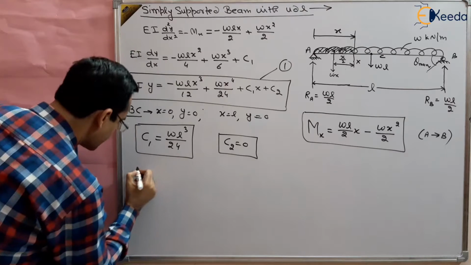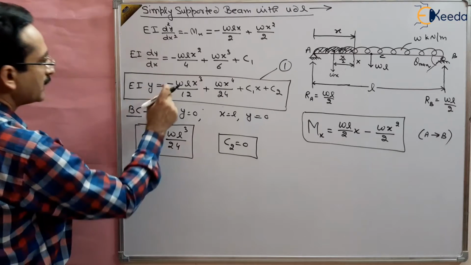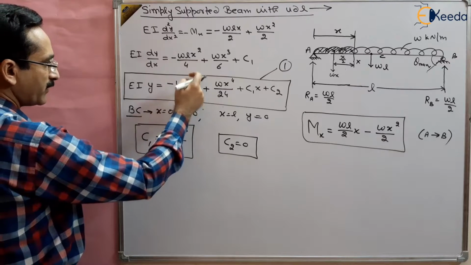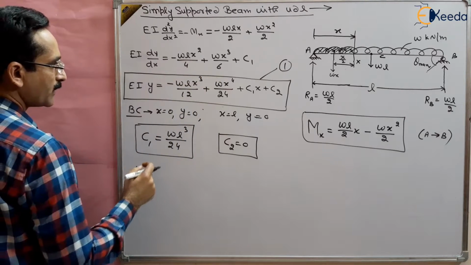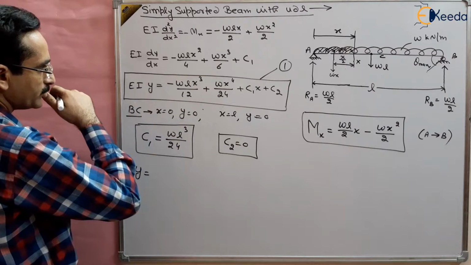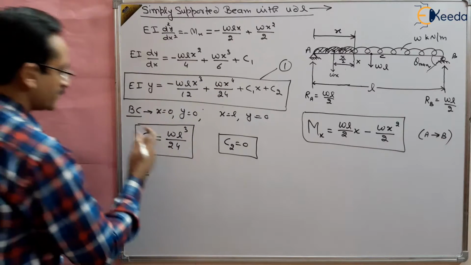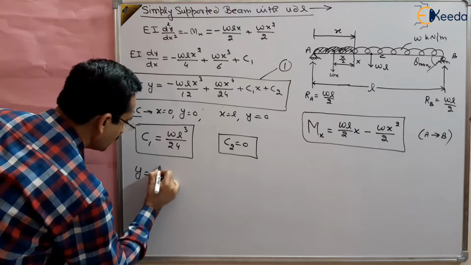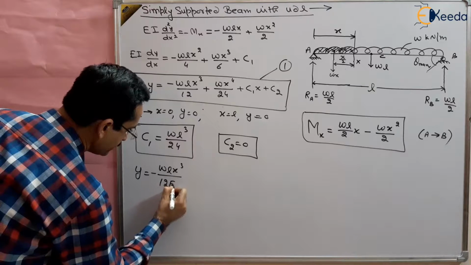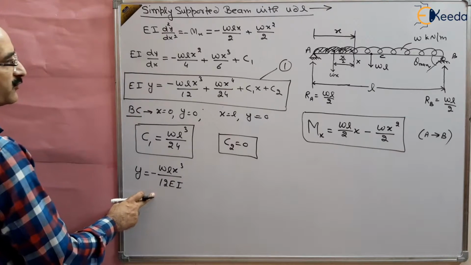So you will get the deflection y equal to, minus W L x cube by 12 E I, this is one term.